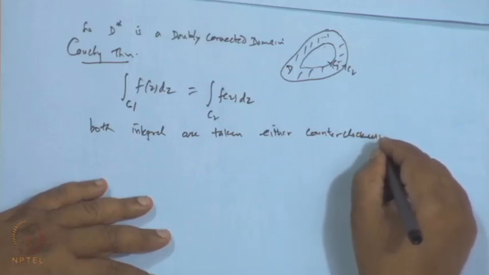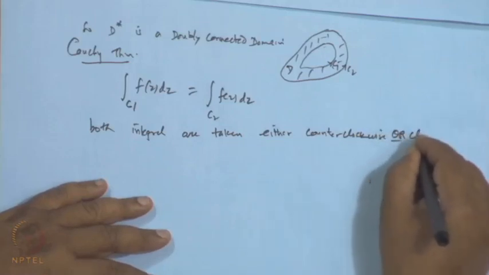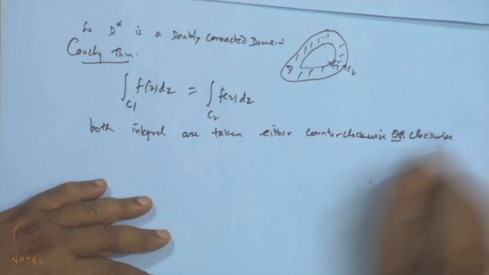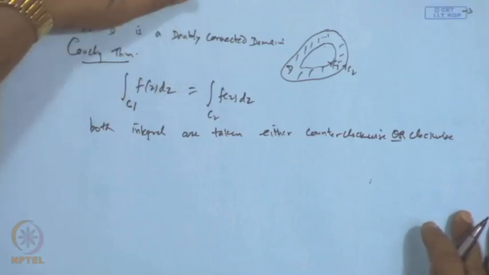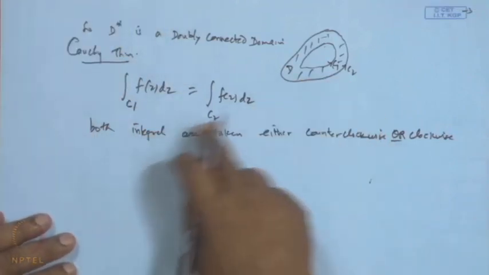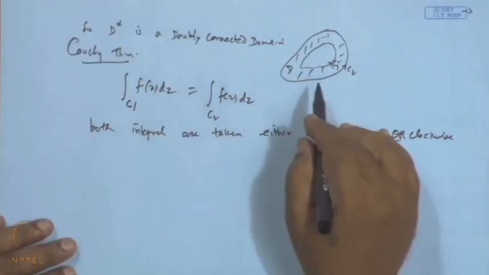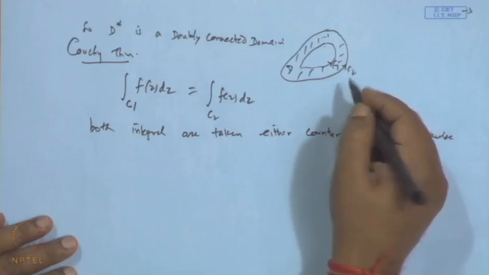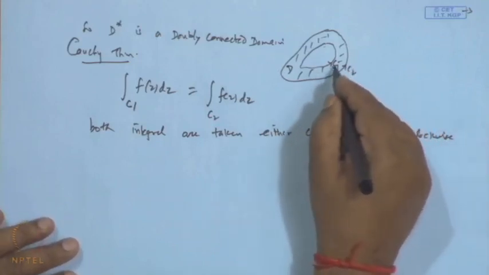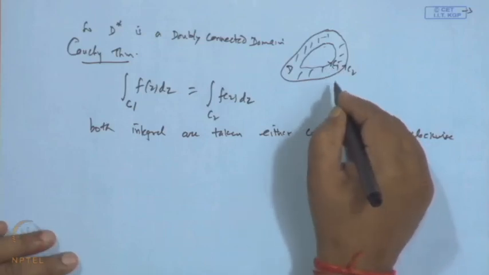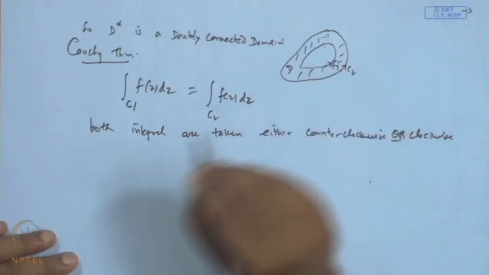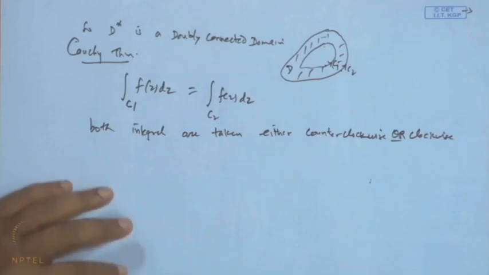Counterclockwise or clockwise means the same direction, both are taken the same way. So, this is the Cauchy theorem for a multiple connected domain: the value of the line integral along the outer boundary is the same as the value of the line integral along the inner boundary when the direction is the same.